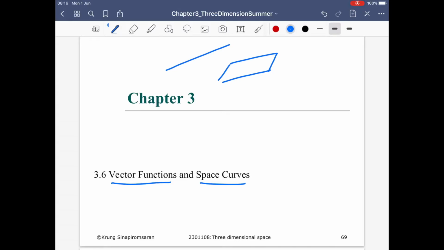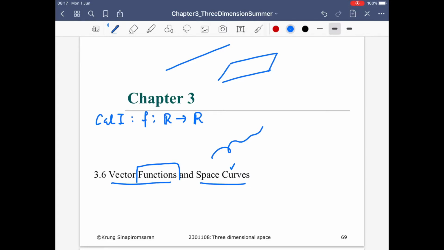So today we are going to look at them as functions, and not only the straight line that we are going to study, but also the curve in three-dimensional space. The word function you have actually learned in calculus 1, but in calculus 1 the function usually comes from R to R, or sometimes it's called a real value function.